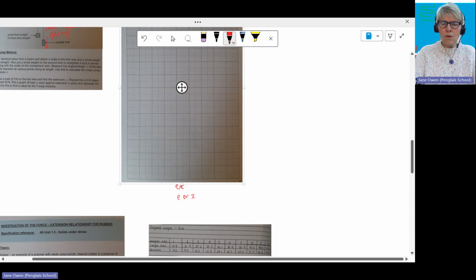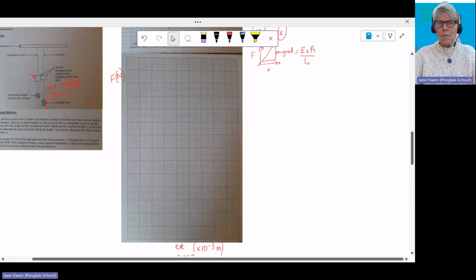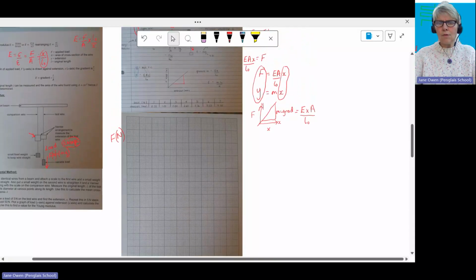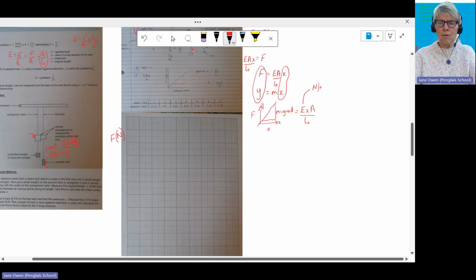It's easier to put times 10 to the minus 3 to get it into meters, and not just leave it in millimeters, because the units need to be SI units in order to get your Young's modulus out. And Young's modulus is in newtons per meter squared.